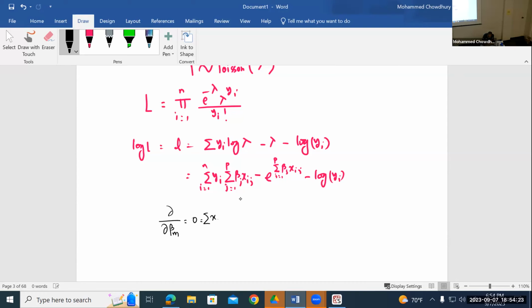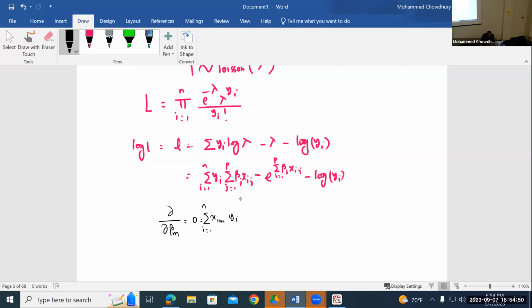I am getting x_im, because here is beta m, so this is also im. That is why it is x_im. Beta m is differentiated out, and then we have y_i here, with i going 1 to n.